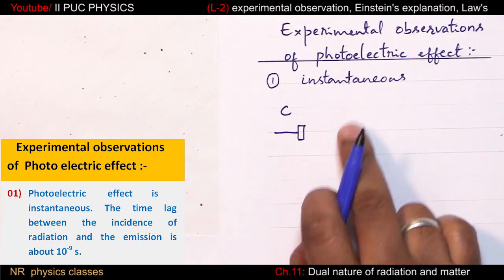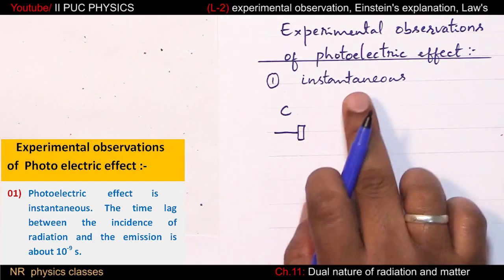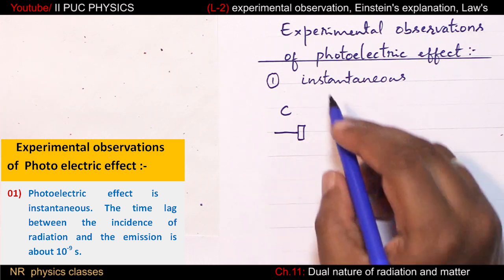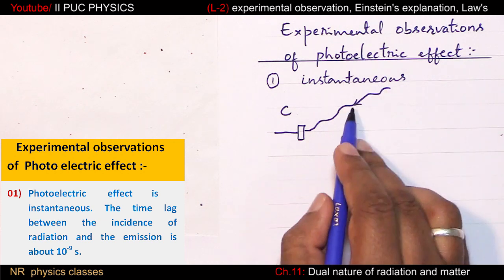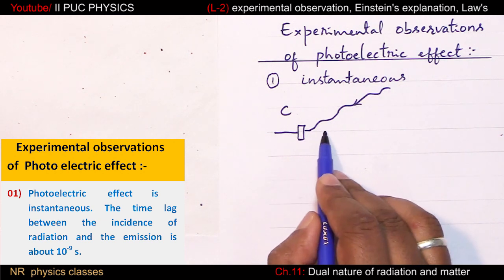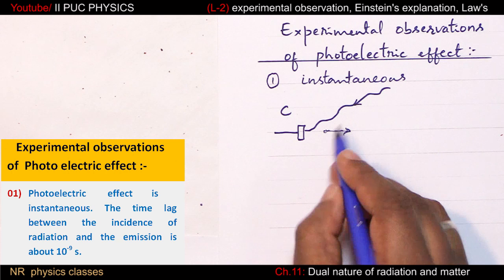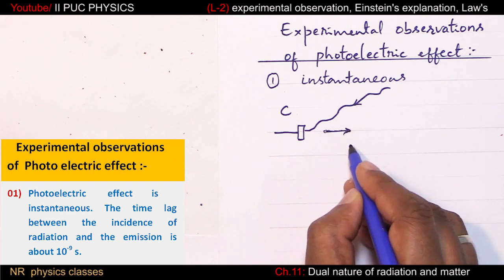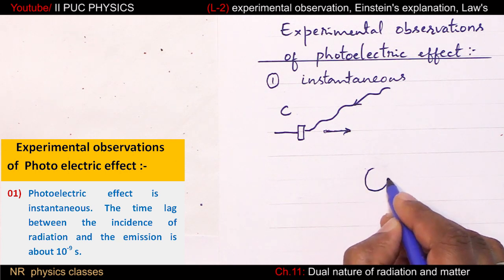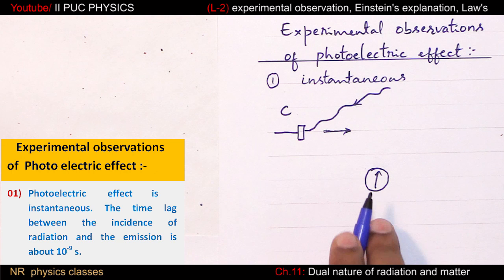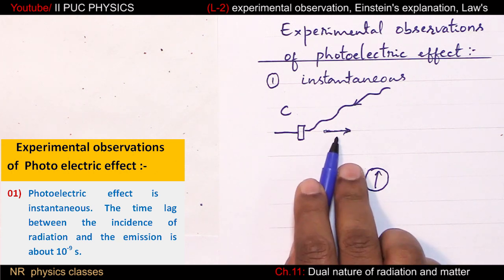Just to explain this point, this diagram is sufficient. As soon as light of suitable energy falls on the photocathode, there is emission of electrons, and emission of electrons is confirmed by deflection in the microammeter. If there is deflection, there is emission of electrons.